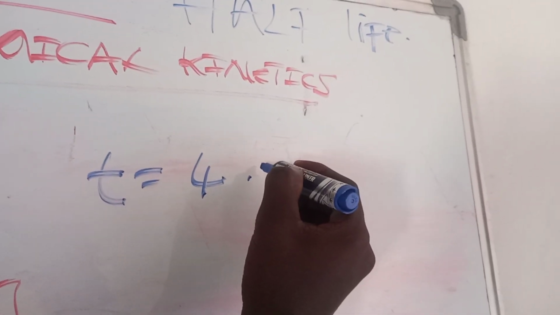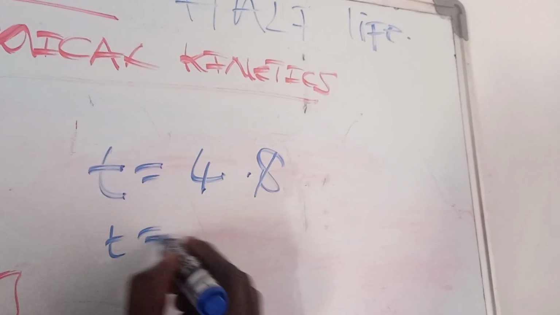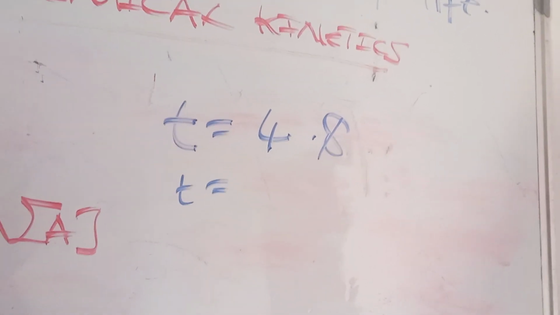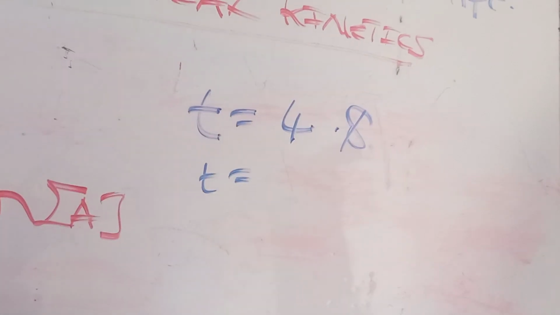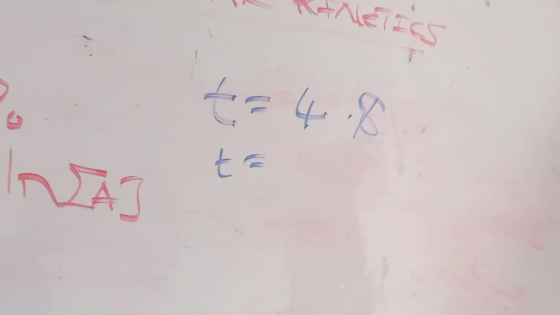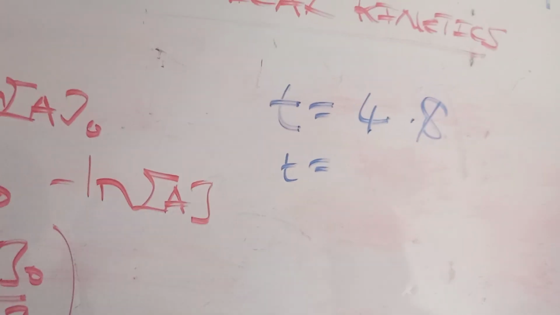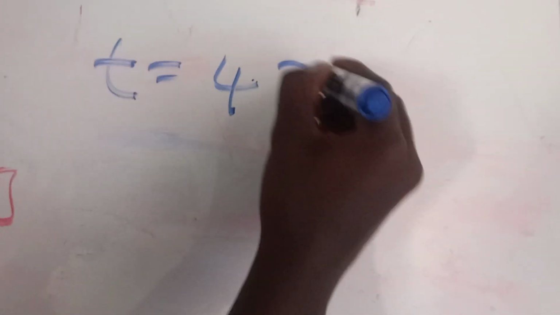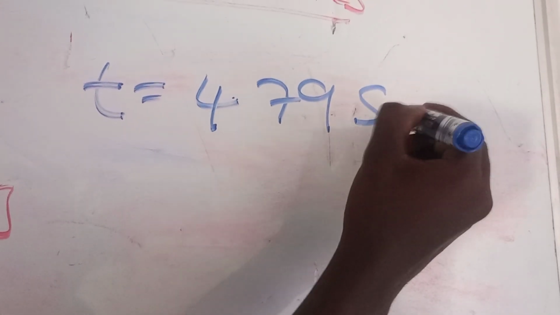You're going to have 4.8, because if you try to round off, possibly the second number is equal to 9, and if you round off the 8, it goes to 7. So in this case, we're supposed to round off, not 4.8, pardon me please, it is 479.58.